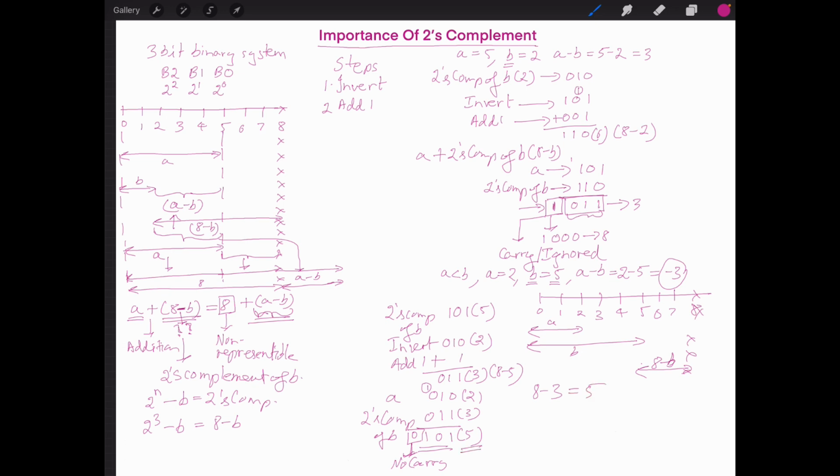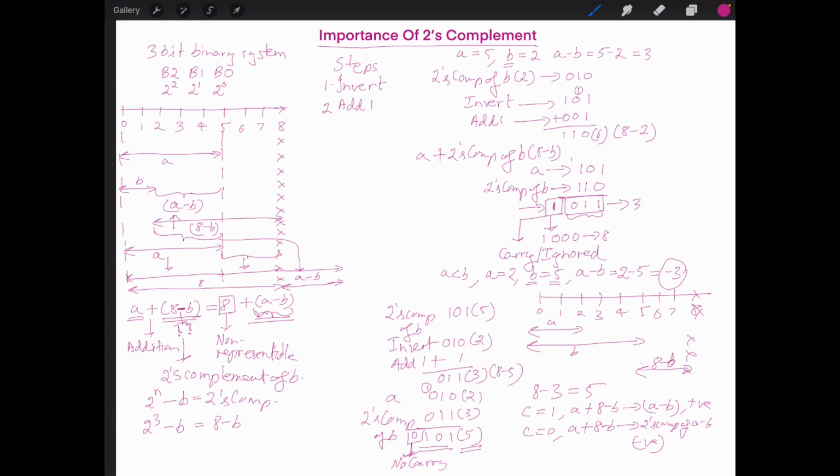So when the carry that is generated is equal to 1, then A plus 8 minus B gives us a true positive number and gives us the value of A minus B. If carry equals 0, then A plus 8 minus B gives us the 2's complement of A minus B, and it's a negative number.